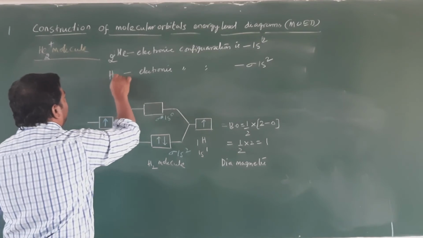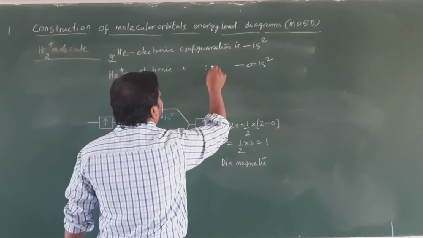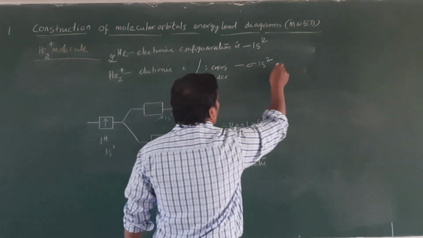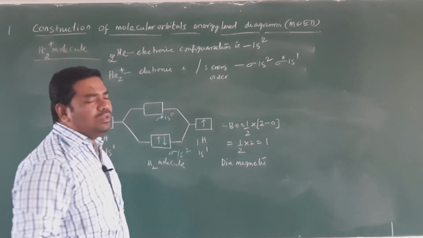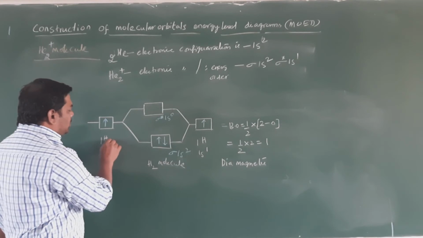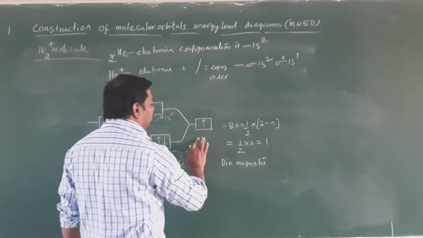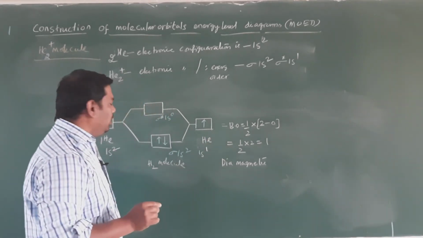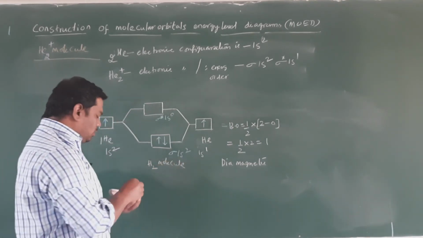In He2 plus, the energy order is sigma 1s2 sigma star 1s1. Clear? So 1 helium atom has 1s2 configuration, and the other helium atom has 1s1 configuration only.